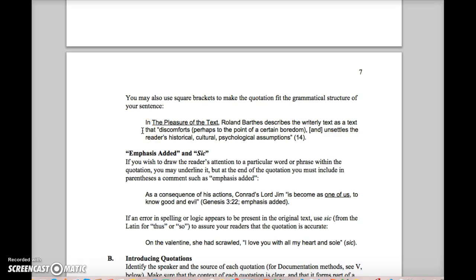And it's a good strategy, if you include a quotation in your paper, to make sure that your discussion of that quotation is at least double the amount of lines as the quotation itself. So if I had a short quotation of one line, I should at least explain what that quotation signifies in two more lines following that.